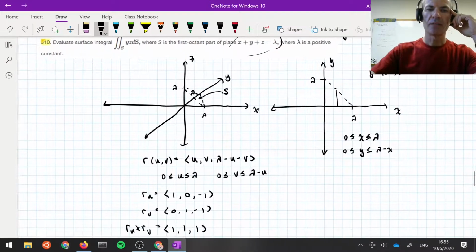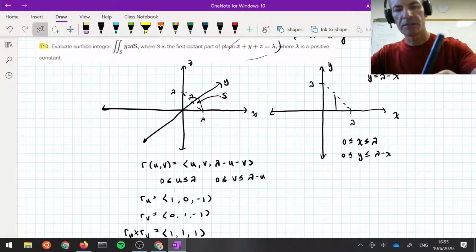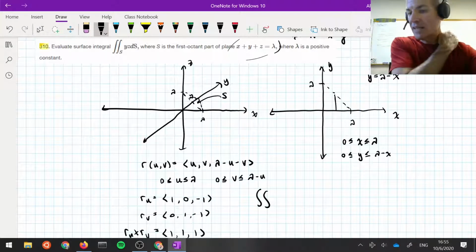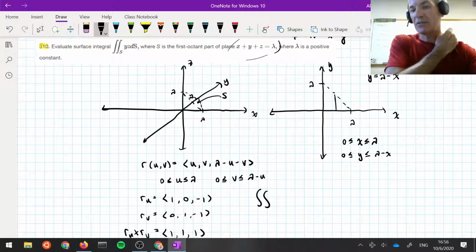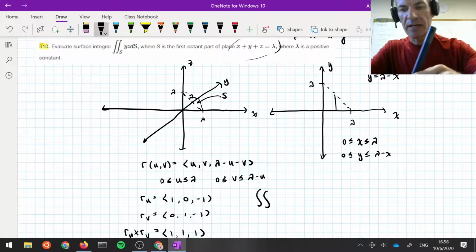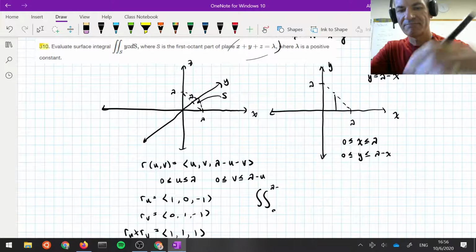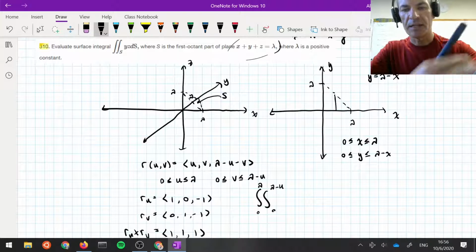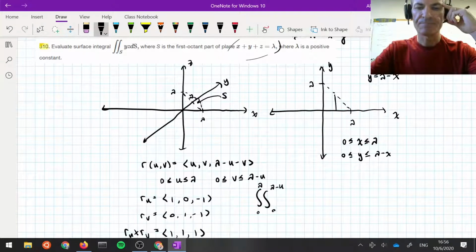So now we build the surface integral. Let's integrate with respect to v first because there's a u dependence in that direction. So we're going to go from 0 to lambda minus u, and then u is going to go from 0 to lambda, like that.